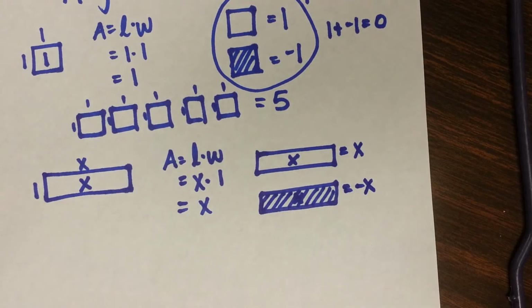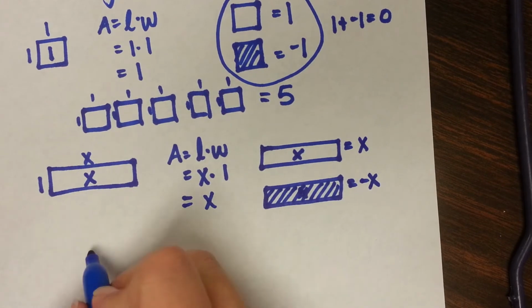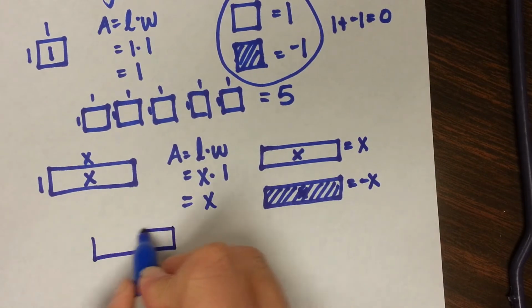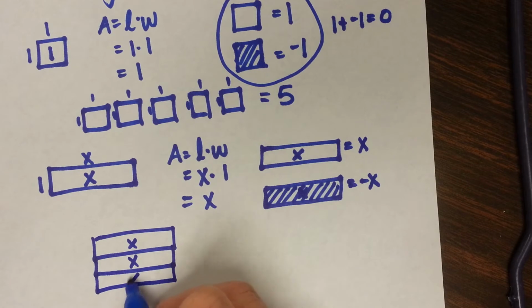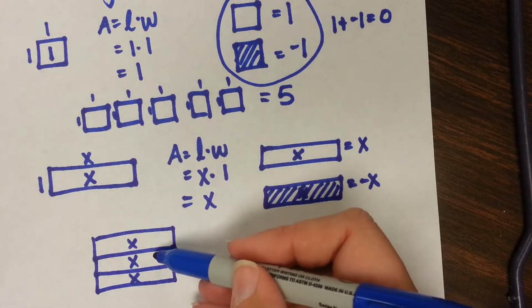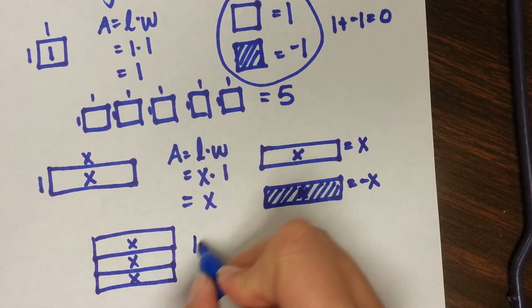If I wanted to represent 3x, then I would draw 3 of those: 1, 2, 3. And I would add them together. 1x plus 1x plus 1x is 3x.